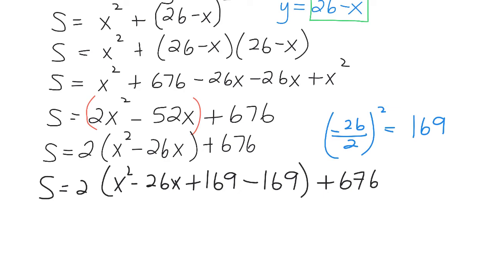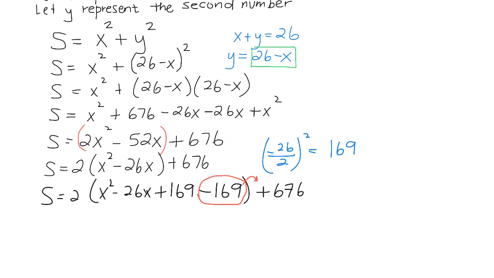Our next step is to take the term that we were subtracting, so this negative 169, and we're going to pull it out of the bracket. But remember that once we pull that term out, we also need to multiply it by the common factor that was at the front of the equation. So on the side here, I'm going to have a negative 169 multiplied by 2, which is negative 338.